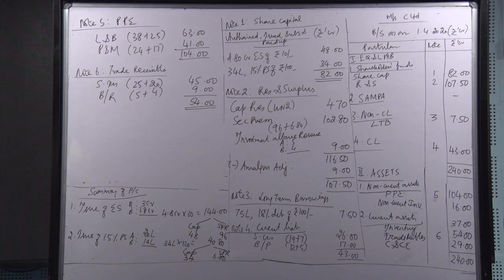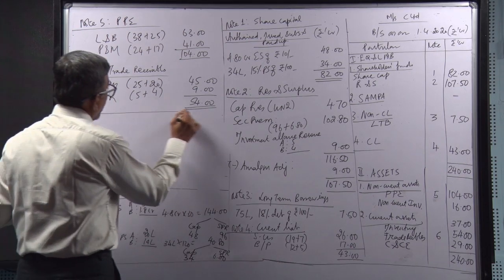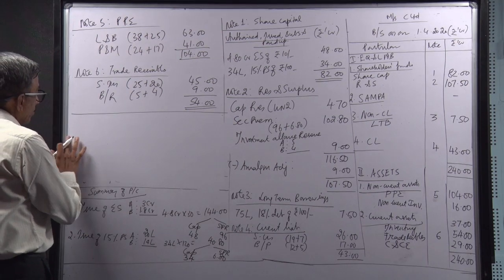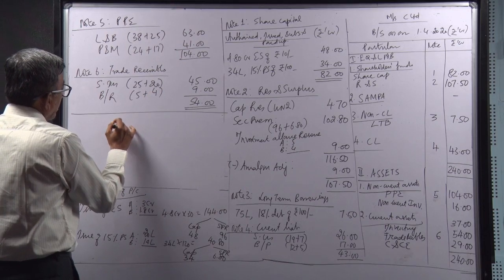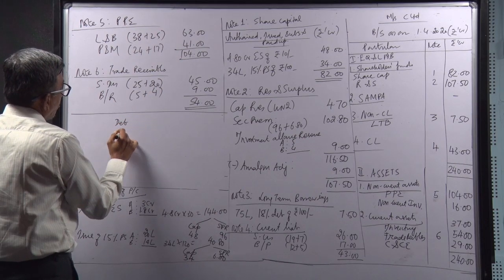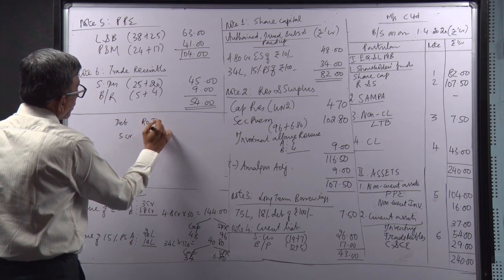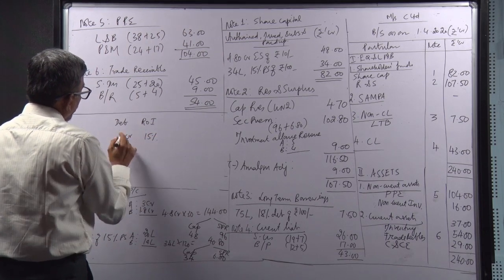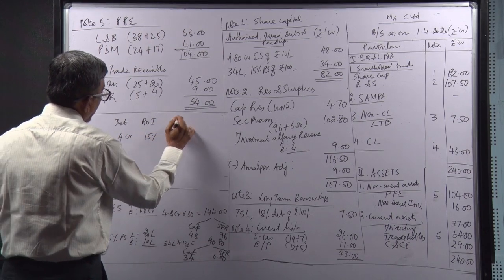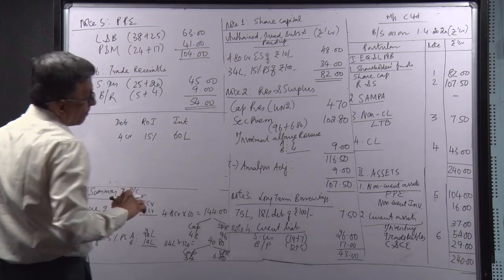Therefore, for what value debenture should be issued? For more clarity, I am showing like this, okay? You see here. Debenture for A 4 crores, rate of interest 15%, interest is 60 lakhs.